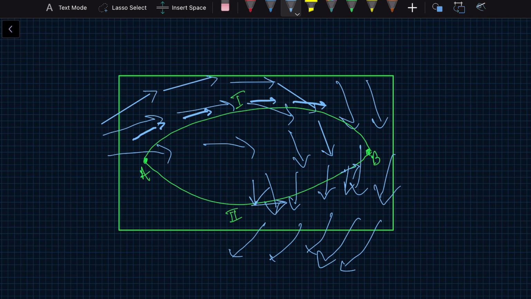So as you can see, the work done is no more constant and is variable with respect to the path taken. And therefore, it is no more a conservative force field. You cannot say this is a conservative force field anymore because now the curl of force is not equal to zero anymore.